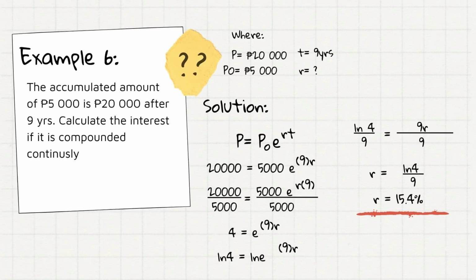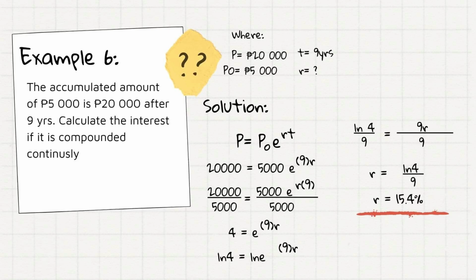So if we analyze the problem, our present amount is actually the 5,000 pesos. And after 9 years, we have our P, which is the 20,000 pesos. And our time, obviously, is the 9 years. And obviously, the rate or the R is the one that is missing, and we have to calculate it.